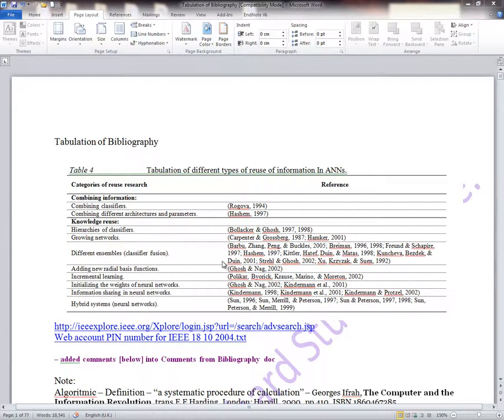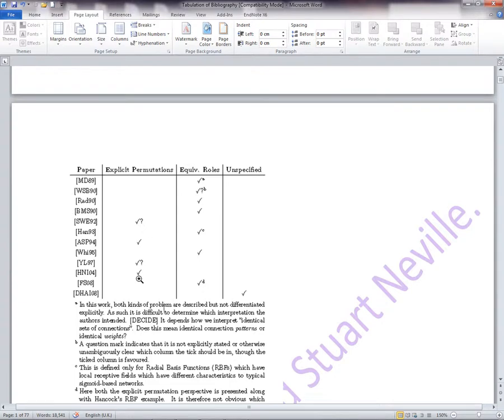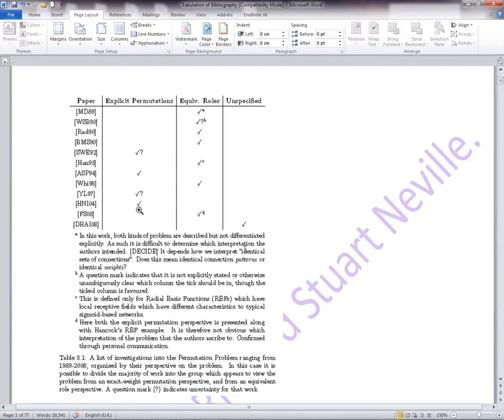We've looked at one research relevance table. Let's look at another. This one's slightly different. This was done by a very good PhD student, and he compared and contrasted certain columns. Now this is to do with the idea of symmetries in weights in evolutionary neural networks.